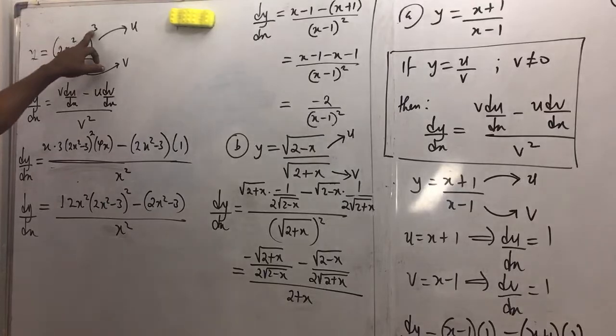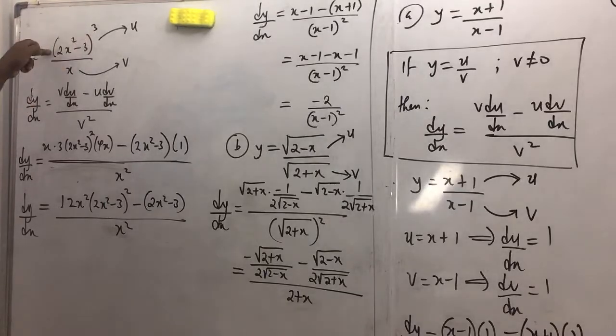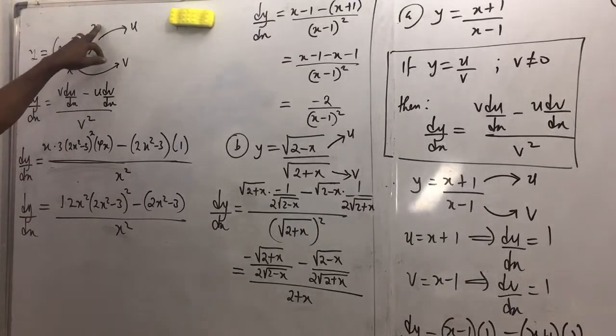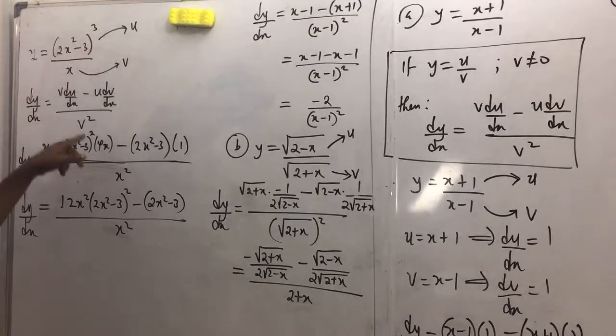Now differentiating this gave us 3 times the coefficient, the outer function. Okay, v was x, so we got this x here. Now differentiating the outer function for u, differentiating u with respect to x, 3 multiplying the coefficient here to give us this 3, (2x squared minus 3), then subtracting 1 from the power gave us 2, which is this 2.